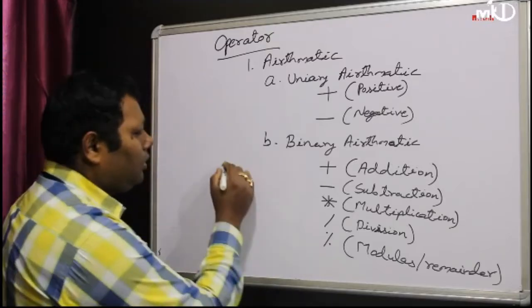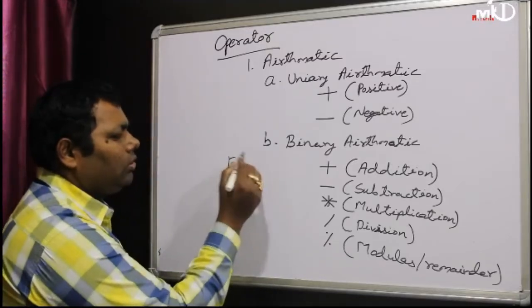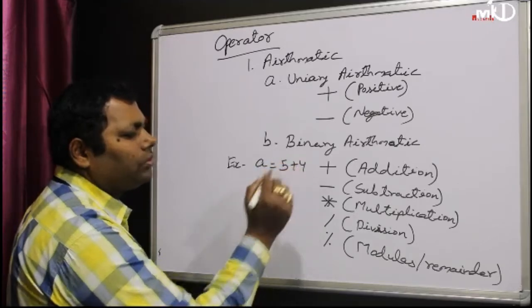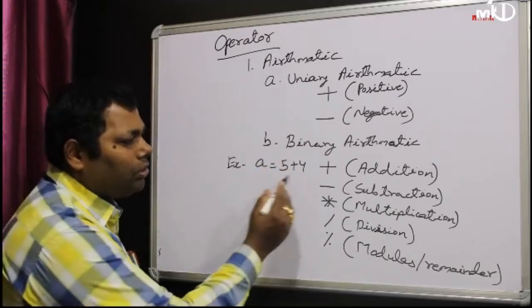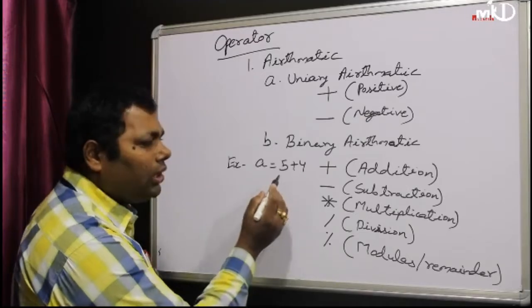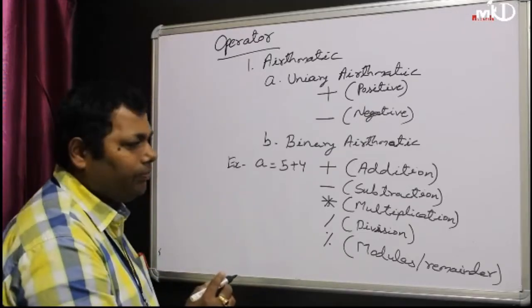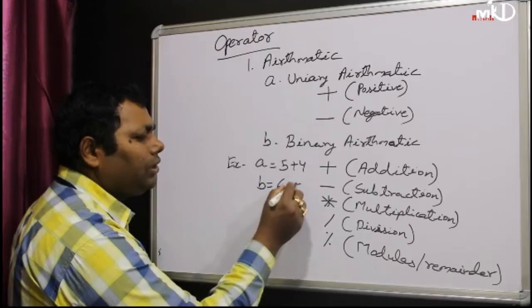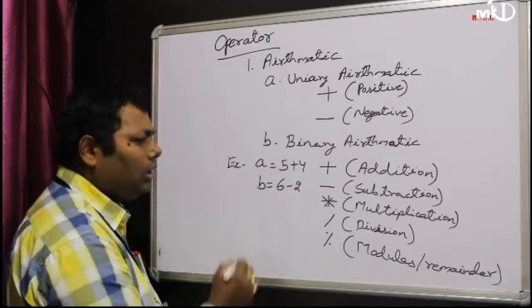For example, we write A equal to 5 plus 4. Plus means addition, so 5 plus 4 is 9, and 9 will be assigned to A. In subtraction, B equal to 6 minus 2. Clear?